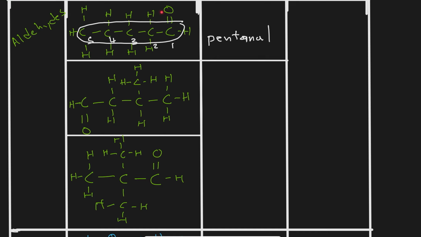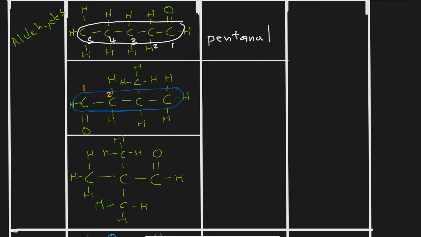Now, if we look at the second molecular formula, we name it by identifying the longest chain. The longest chain can be this chain because it contains the functional group, or it can also be this chain. So we select the longest chain to be this chain, which has 4 carbons. Remember, we always give preference to the functional group, and we can see the functional group is here.